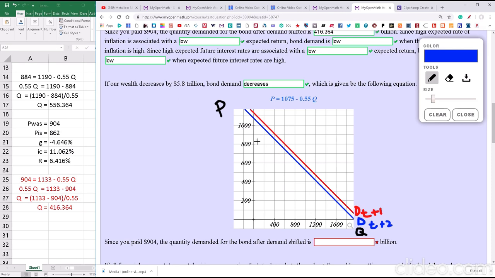And then at the price of 904, let me shrink the pin size. At 904, we see that quantity demanded fell, right? Quantity demanded fell. And we got to calculate it.